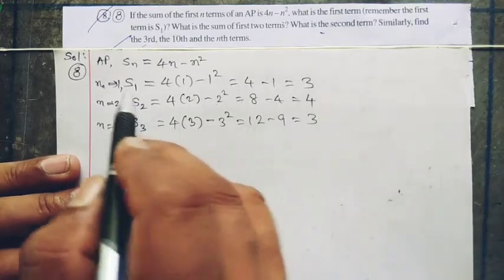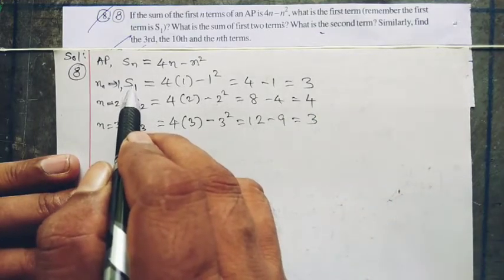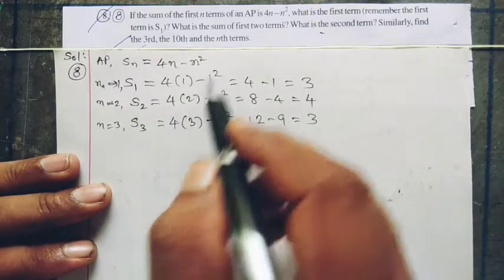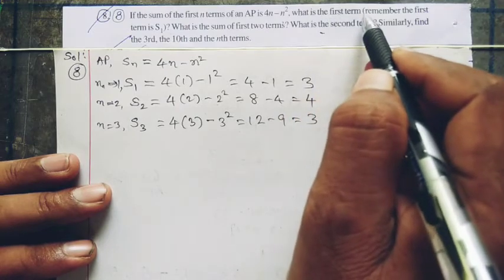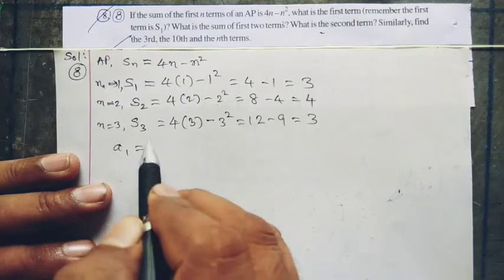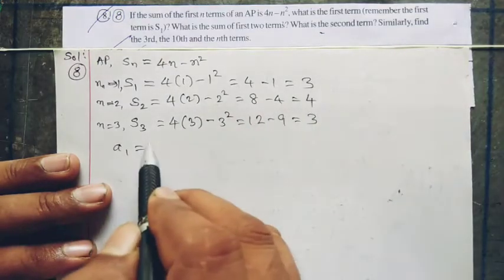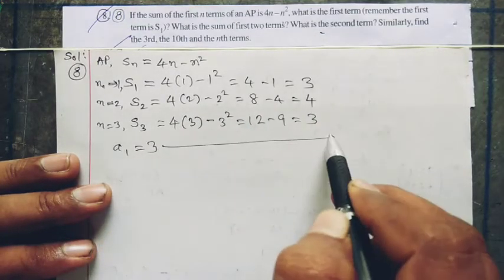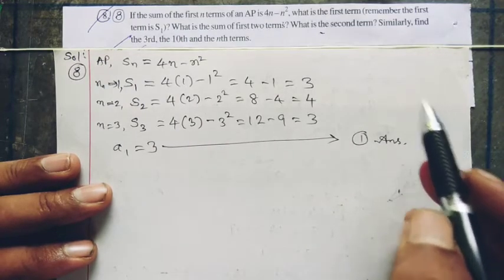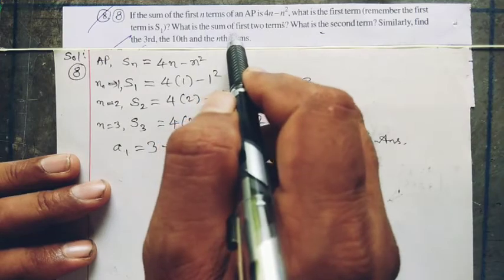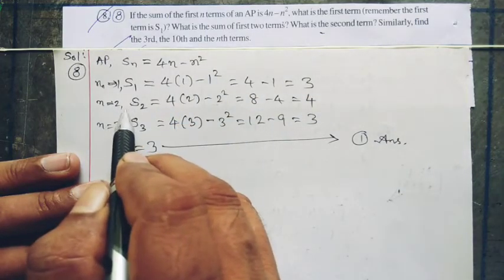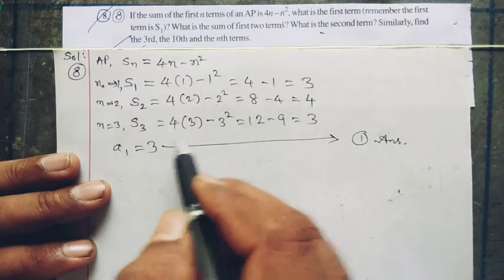So we found the first term and the sum of the first term are the same. Here asked, what is the first term? So this is the first term. A1 = 3 only. This is the first answer. Next, what is the sum of first two terms? Sum of the first two terms is 4.